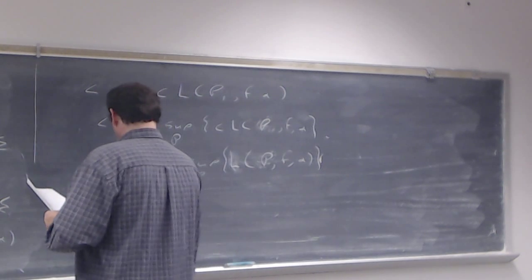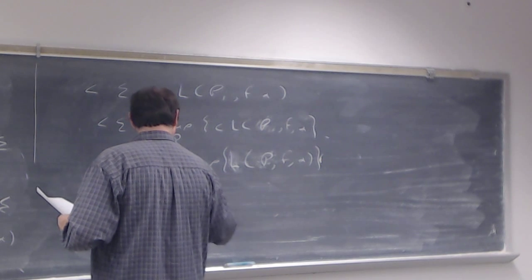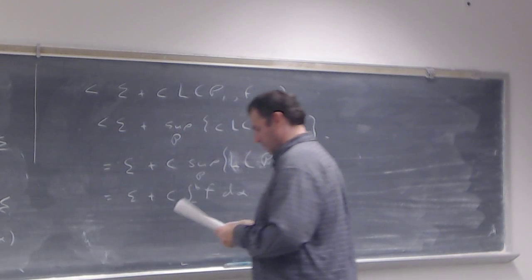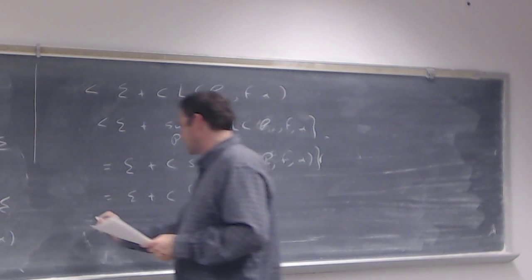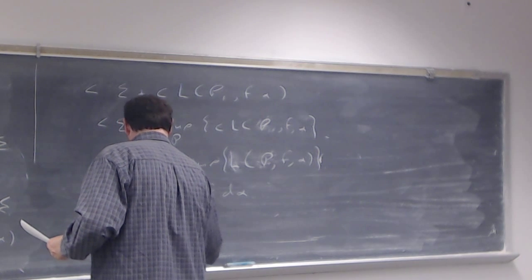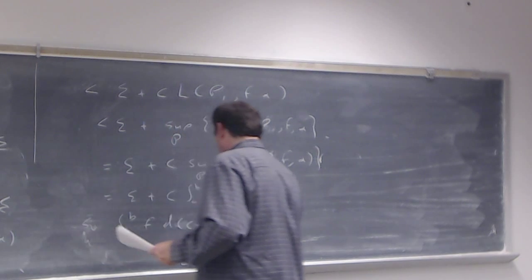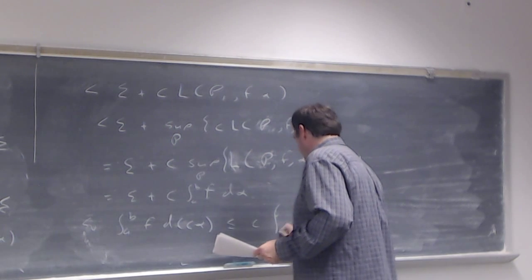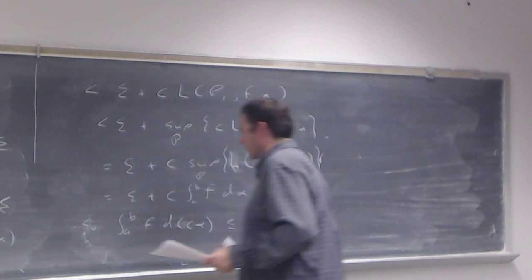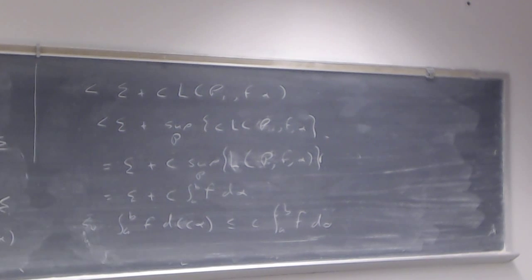And that's equal to epsilon plus C times the integral from A to B of F d alpha. And so that establishes that the integral from A to B of F d C alpha is going to be less than or equal to C times the integral from A to B of F d alpha. Okay, so I've got one part of the inequality. I need to get the other part to show that they're equal.